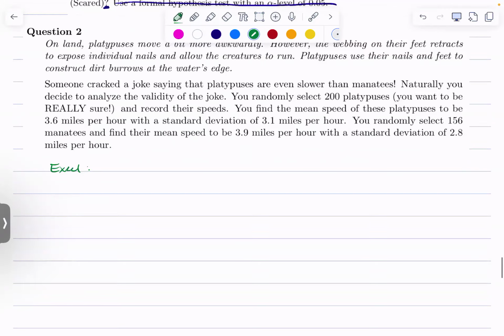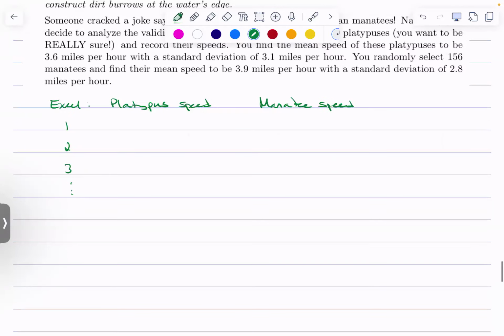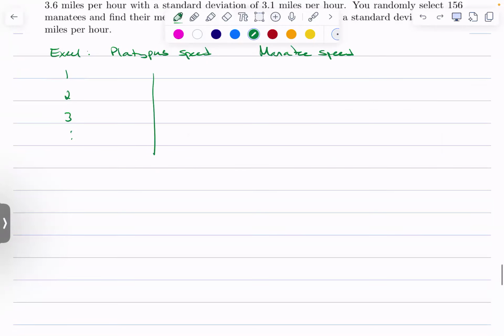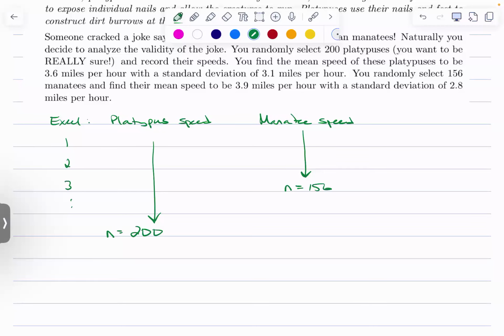And so you would have your platypus speed in one column, and then you would have your manatee speed, right? Platypus 1, manatee 1, platypus 2, 3, and so on. But you would have n equals 200 platypuses, and n equals 156 manatees. Right?